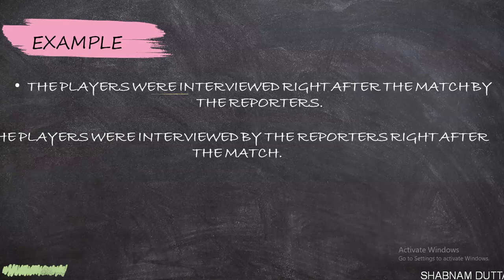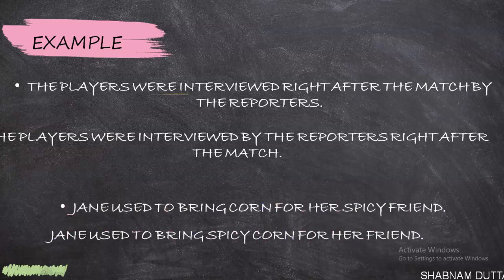Now, let me give you a task. Choose the correct option from the next pair of sentences and write it in the comment box. The first sentence is, Jane used to bring corn for her spicy friend, and the next sentence is, Jane used to bring spicy corn for her friend. Okay? See the sentences above and try to write the correct answer.